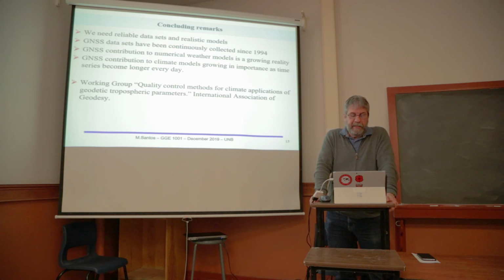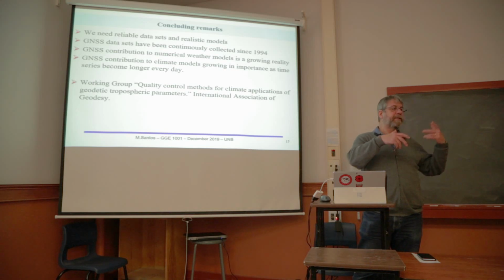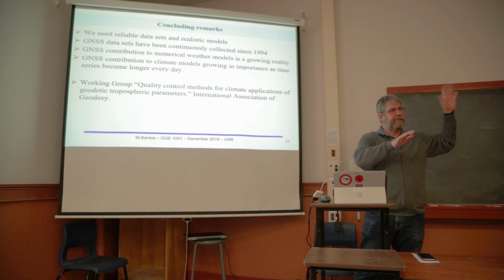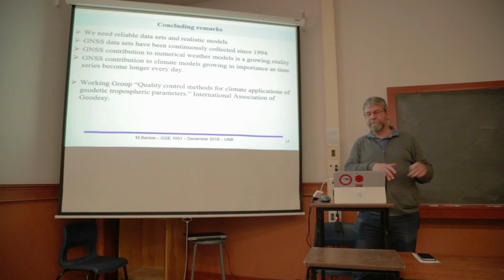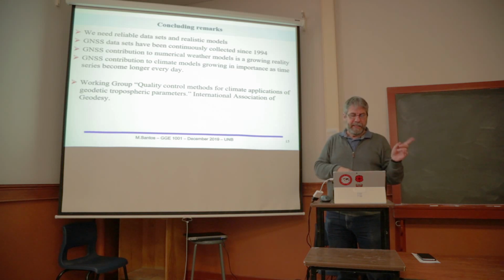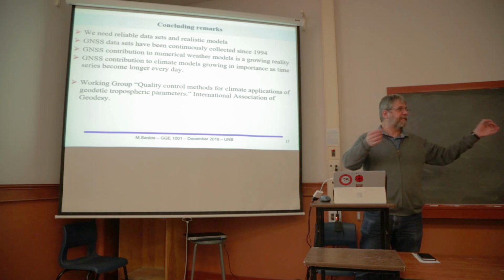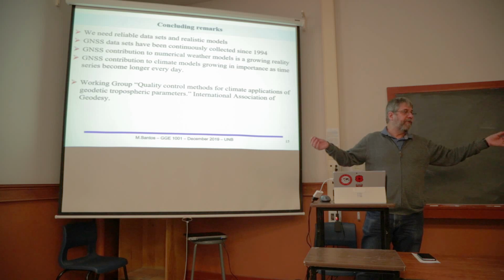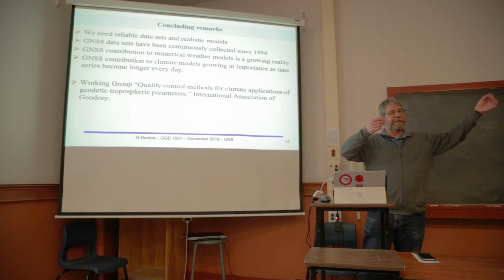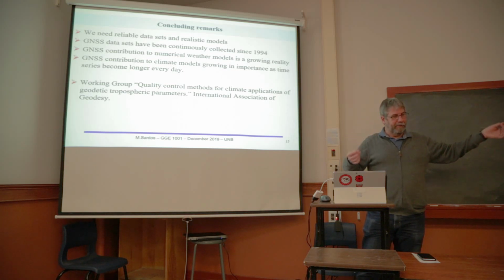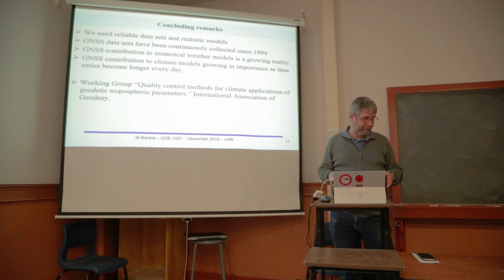GNSS contribution to numerical weather models is a growing reality, which means that lots of the models used for weather forecast already incorporate GNSS information. GNSS contribution to climate models is of growing importance as the GNSS time series becomes longer. Every day that passes, the time series gets longer and longer, and hopefully forever.